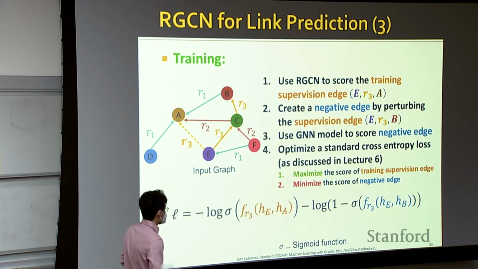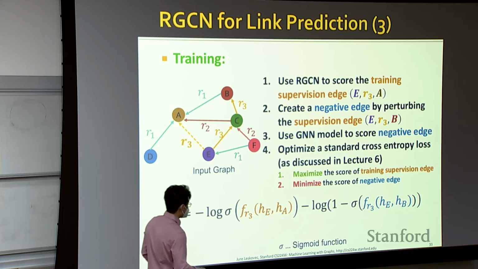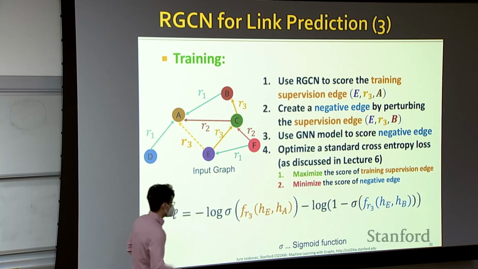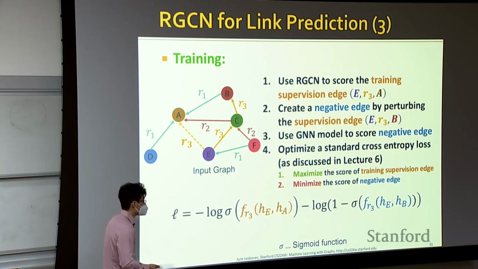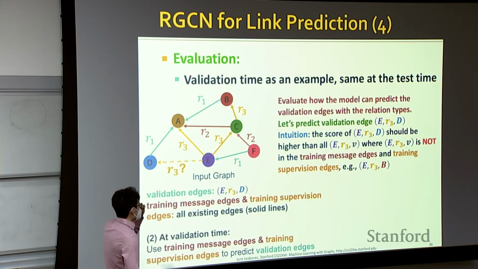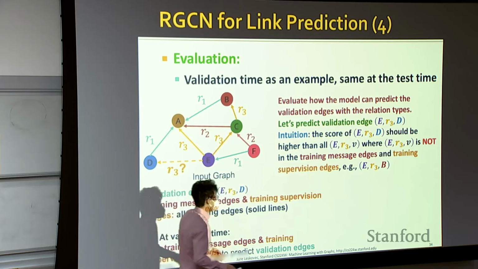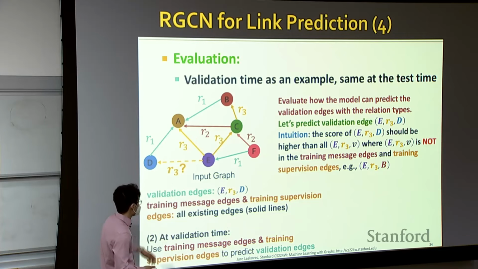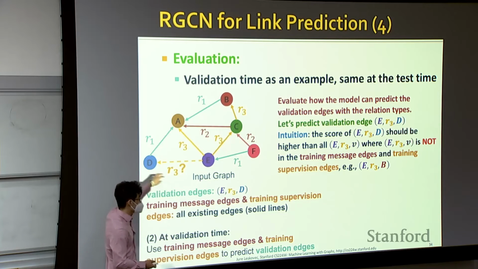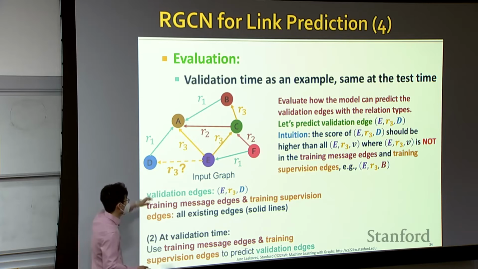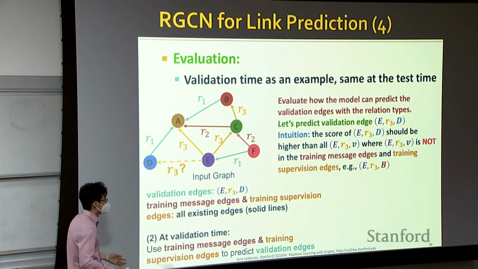Okay, so having got the positive and negative edges, we can train the network to optimize this binary classification loss. And then at evaluation time, we want to evaluate how well the model can rank the edges with different relation types. So for example, now we have a new edge to predict, pointing from E to D with the relation type R3.